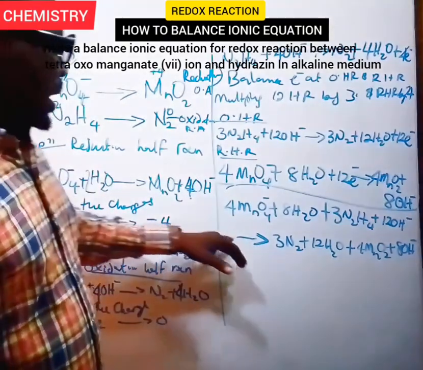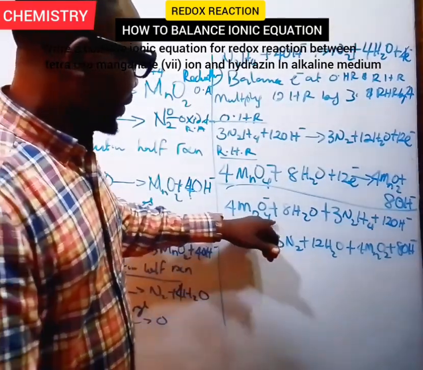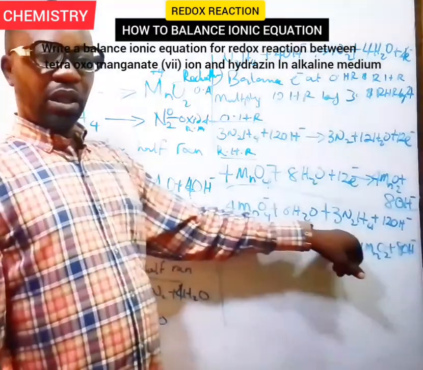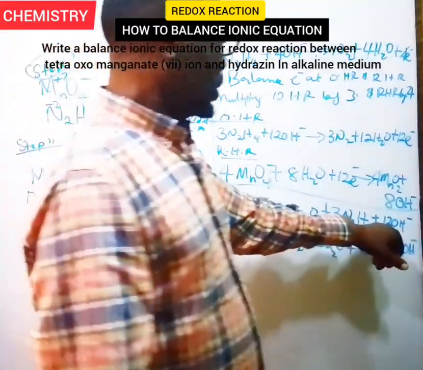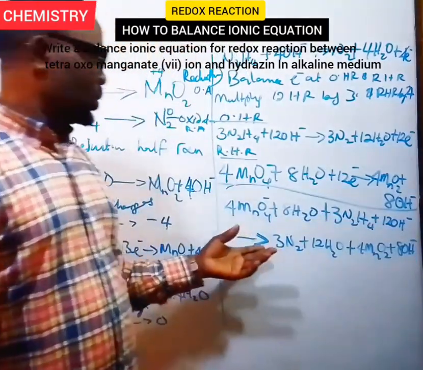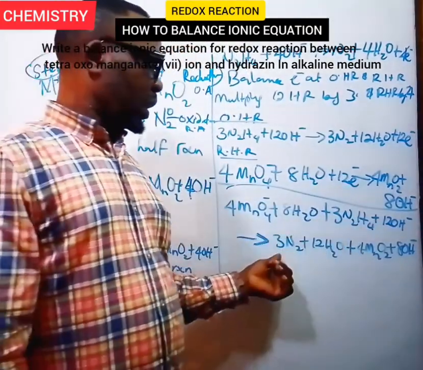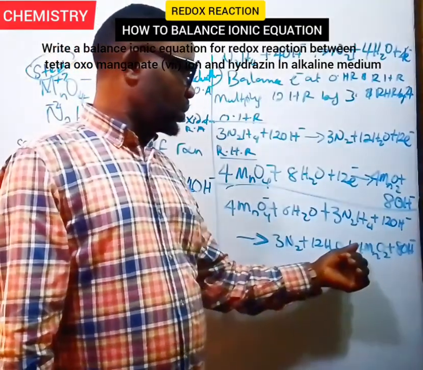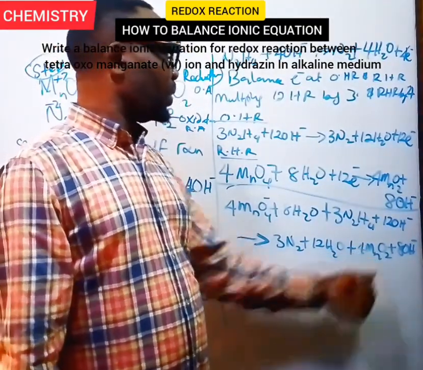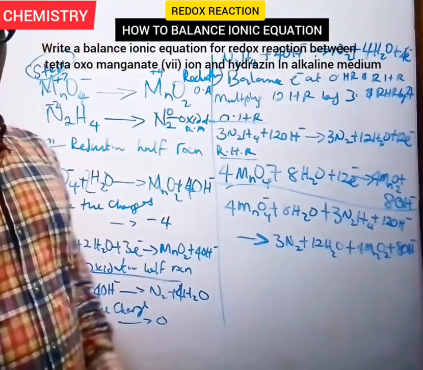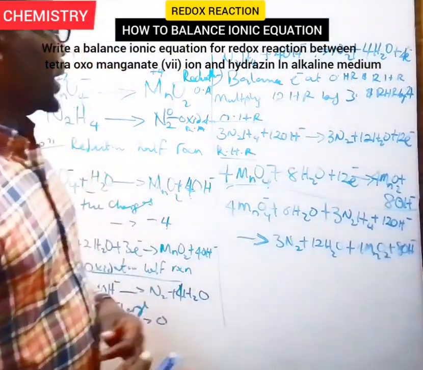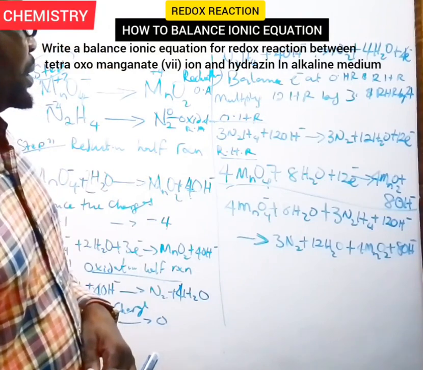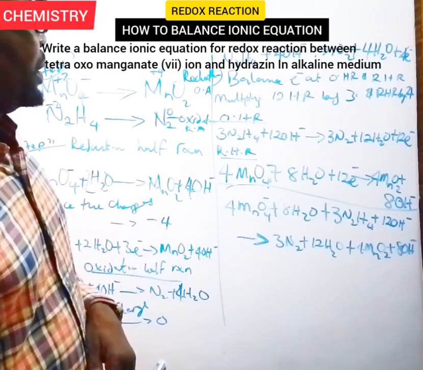So we have it that way: 4MnO4 minus plus 8H2O plus 3N2H4 plus 12OH minus into what? 3N2 plus 12H2O plus 4MnO2 plus 8OH minus. Now, what do you have there?